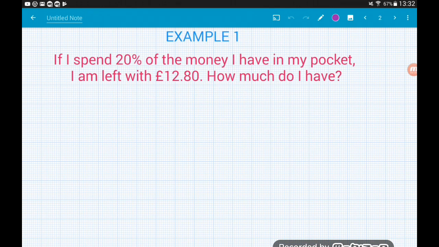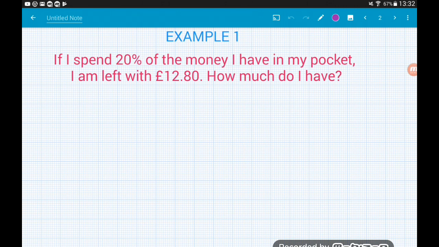Okay, so question 1. If I spend 20% of the money I have in my pocket, I am left with £12.80. How much do I have in my pocket? What's really important to remember here is that the money I have in my pocket before anything changes is 100% of the money I have in my pocket.